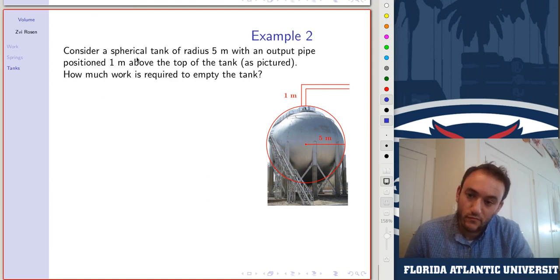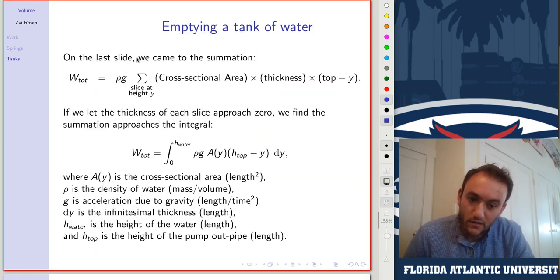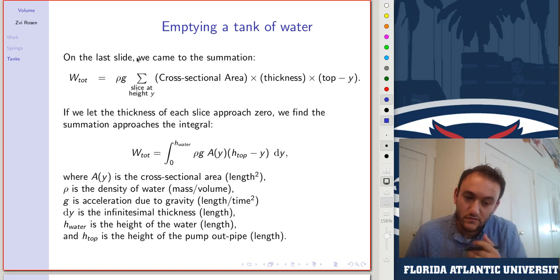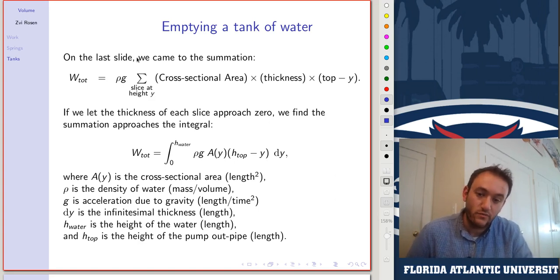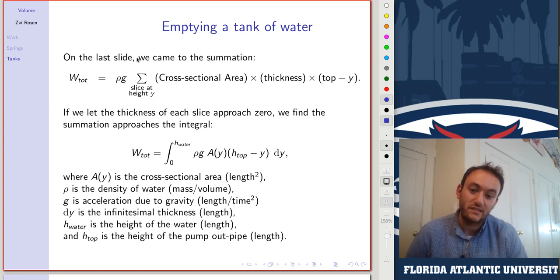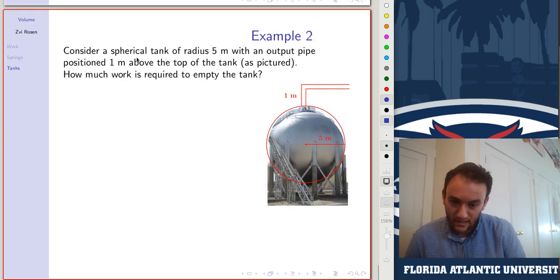So recall that our formula is that the total work should be equal to the integral from 0 to the height of the water of rho g A(y) times (h top minus y) dy. Again, we're using z here.